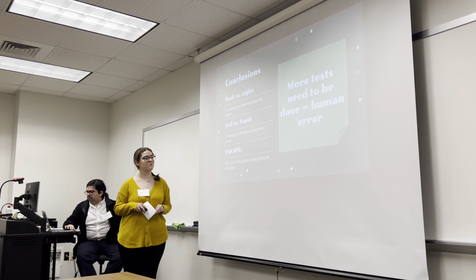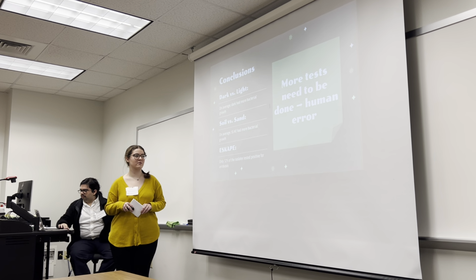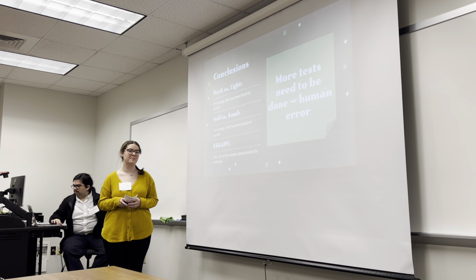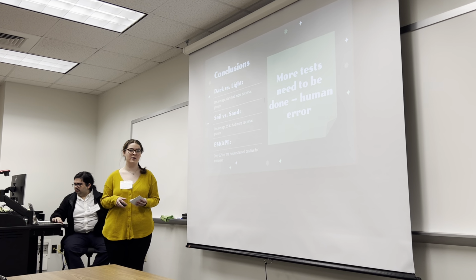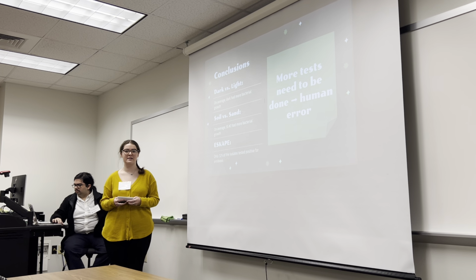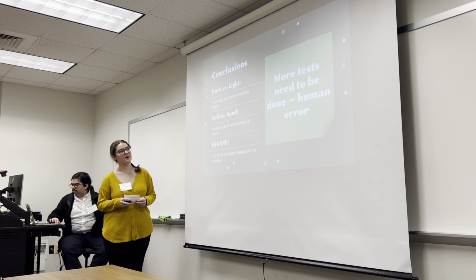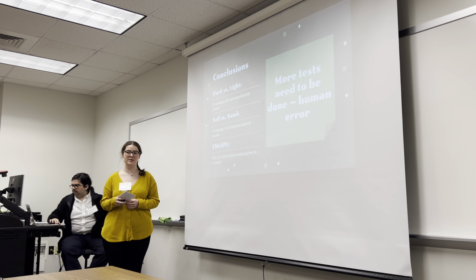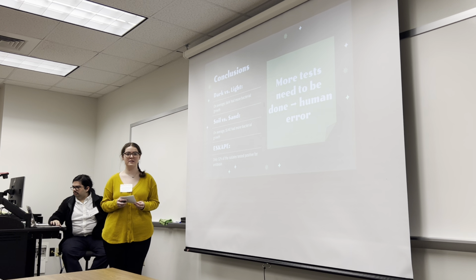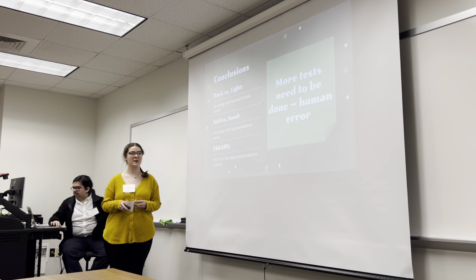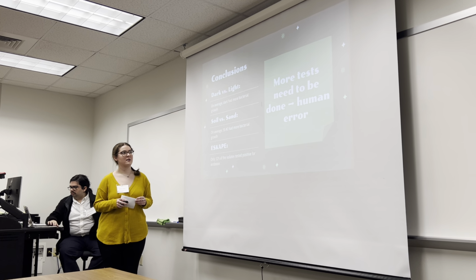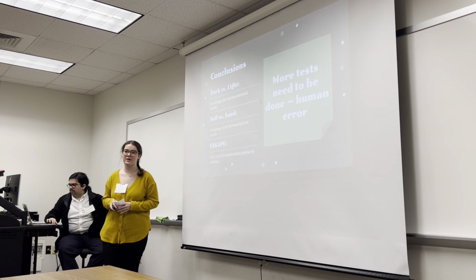And with the ESKAPE bacteria, only 32% of the isolates had tested positive at all. However, I would like to have more replicates, as I only had 1. So obviously more tests need to be done because of human error and some issues that happened in the lab. But these are the results that I had with what I had been able to do.